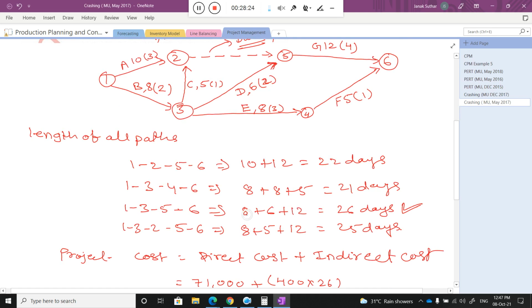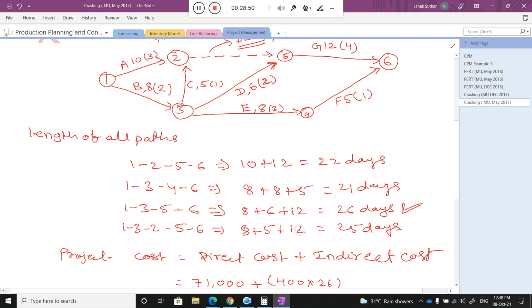If I put 8 plus 6 plus 8, what will be the value? 22. And this particular activity is common for the path 1, 3, 2, 5, 6. There also I put 8. Then what will be the day? 21.